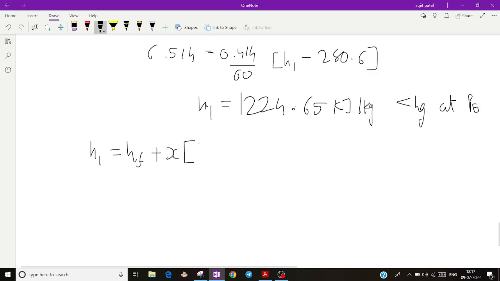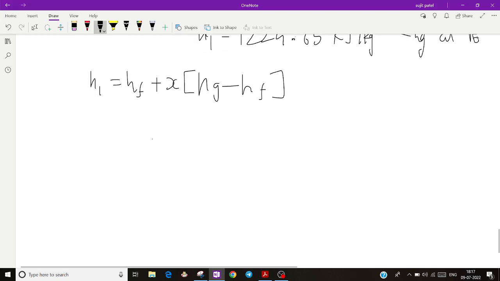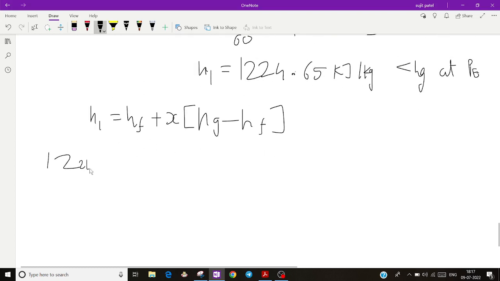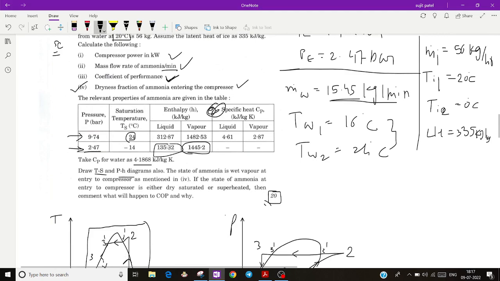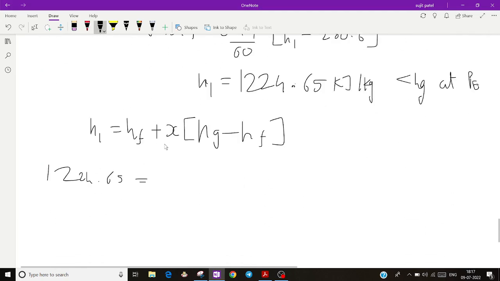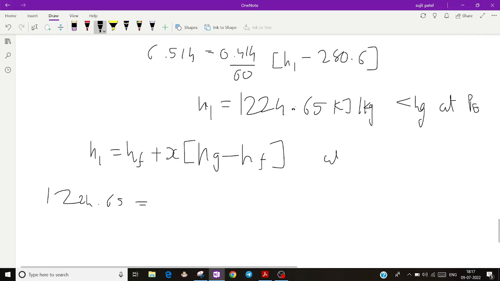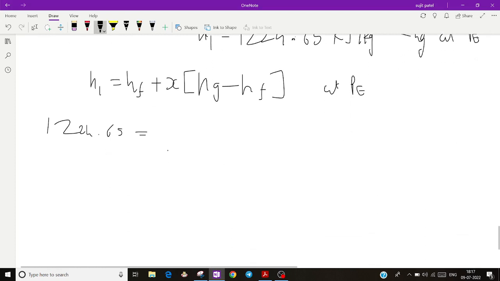Here HFG data is not given, but we know that Hg minus HF is HFG. So 1224.65 is equal to HF at evaporator pressure, that is 135.82, plus dryness fraction X times Hg, 1445.2, minus 135.82.